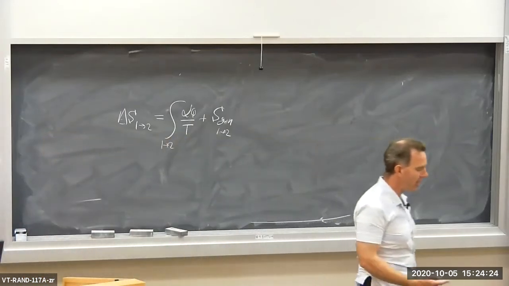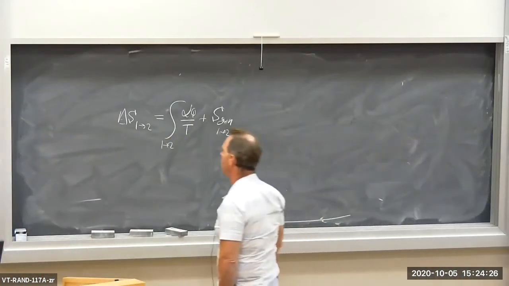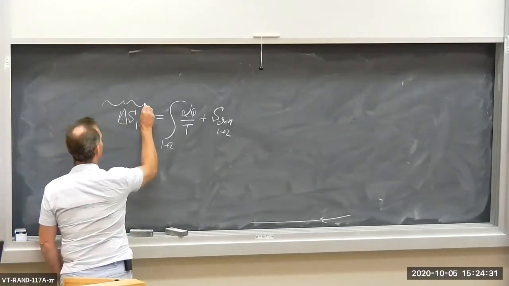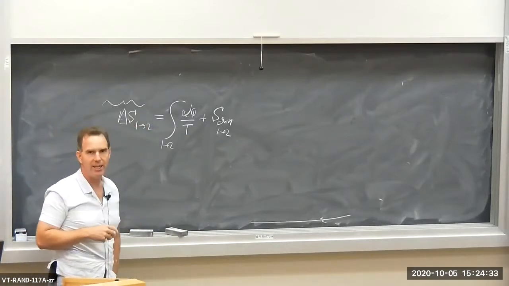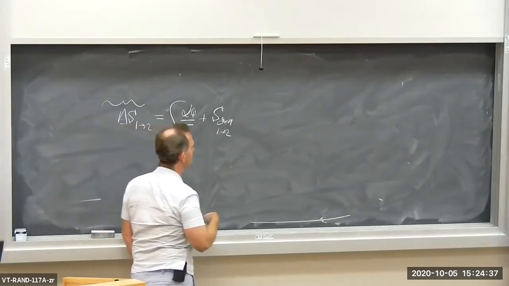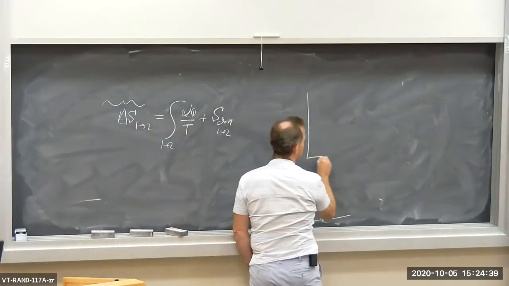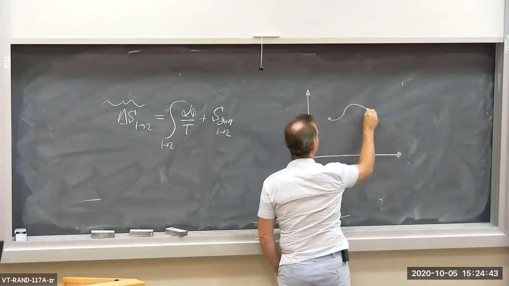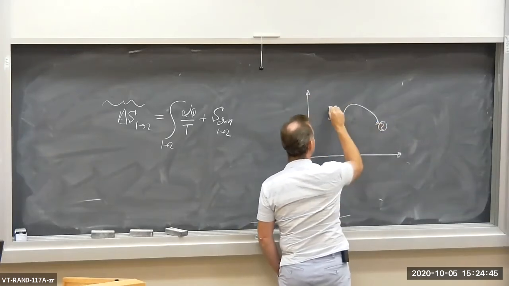Now let's investigate what the terms mean. The first term is the easiest. The first term represents the change in entropy of the system as it moves from state 1 to state 2.